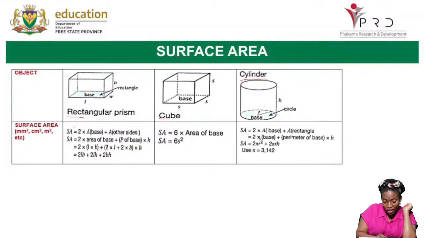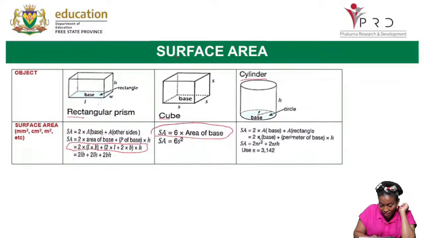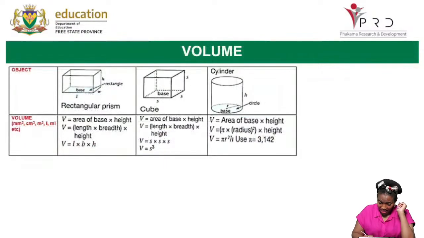Again, you do not have to memorize these formulas. This is the formula for calculating the surface area of a rectangular prism. This is the formula for calculating the surface area of a cube. This is the formula for calculating the surface area of a cylinder. You don't have to memorize it. It will be provided to you in the exam.